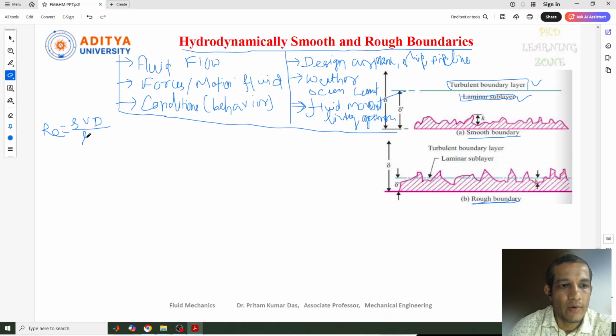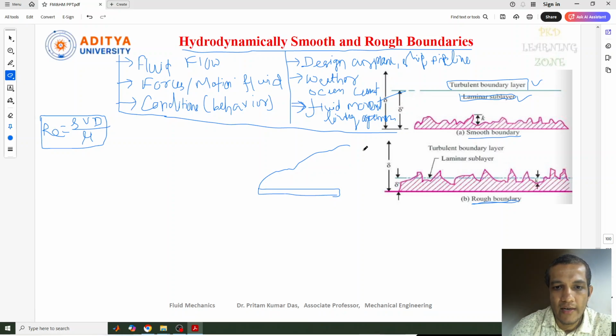Let me draw another diagram for this. We have not discussed this in detail; it comes under boundary layer theory, so I will just give a little hint to understand this concept.